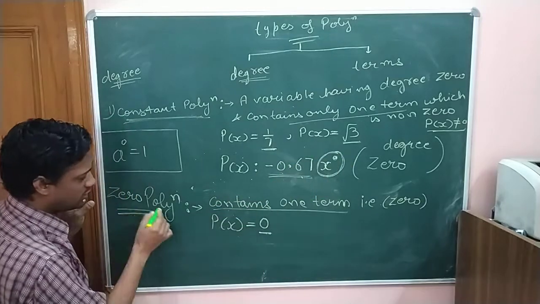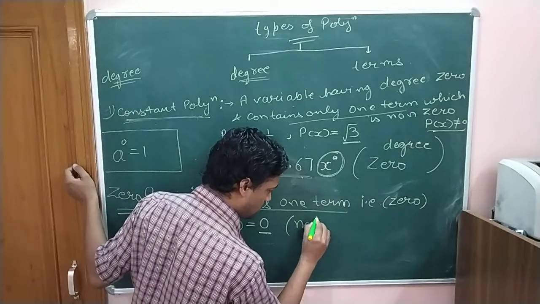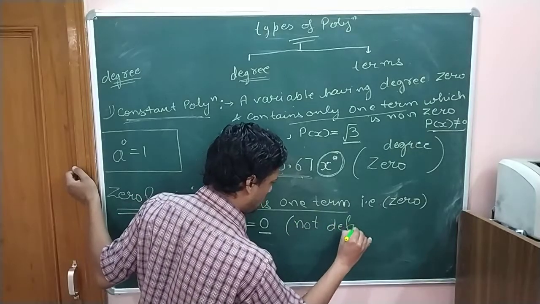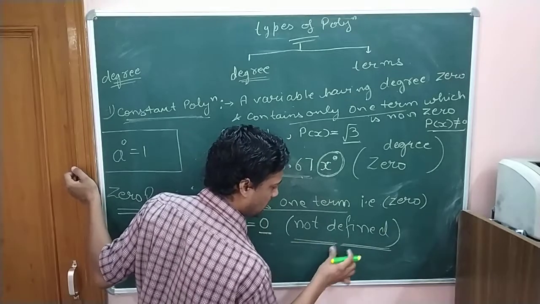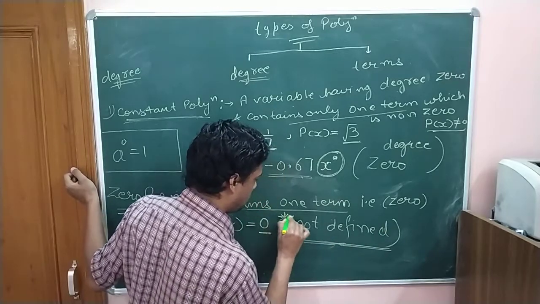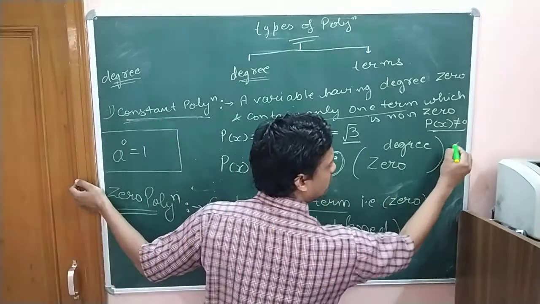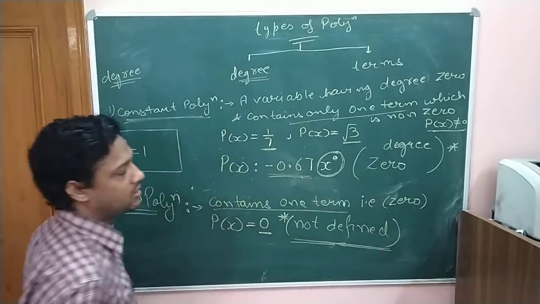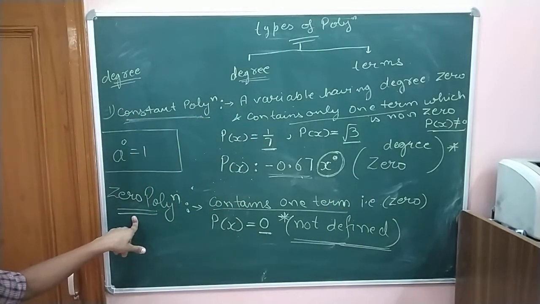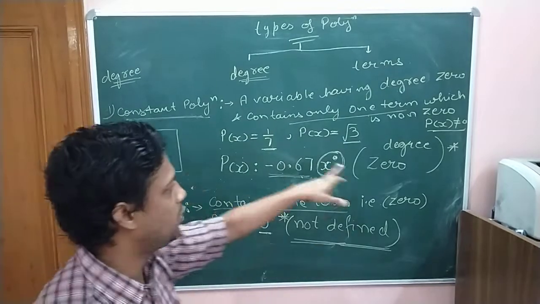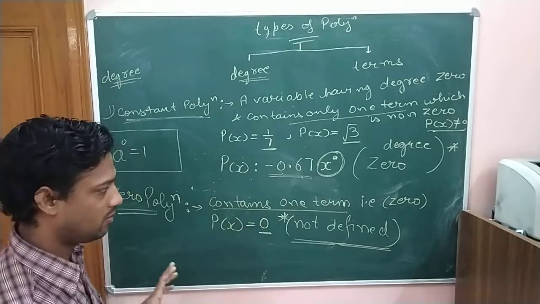And what about the degree of the zero polynomial? The degree of the zero polynomial is not defined. Students, this is the most important part. Literally 99% of teachers ask the 1 mark question: what is the degree of the constant polynomial and what is the degree of the zero polynomial? The degree of the constant polynomial is 0 and the degree of the zero polynomial is not defined.